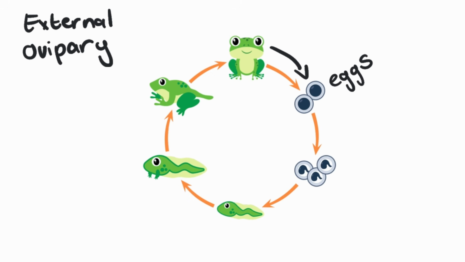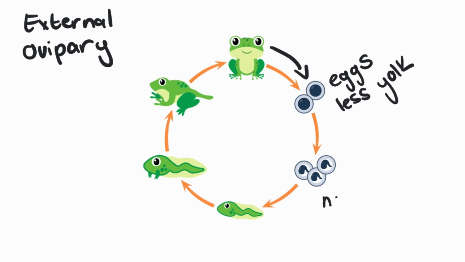So they lay eggs, and generally their eggs have less yolk in them. Why? Ultimately because they're going to be slightly smaller organisms generally. They're going to have less development within them. And remember, yolk is all about nutrients. Now, frogs lay their eggs and then they swim away.